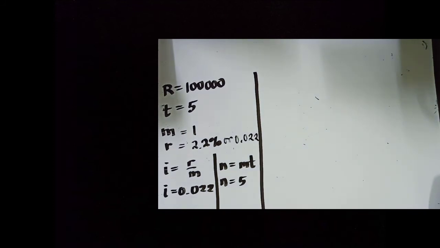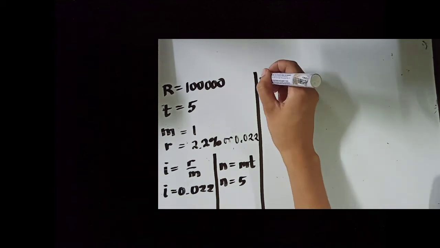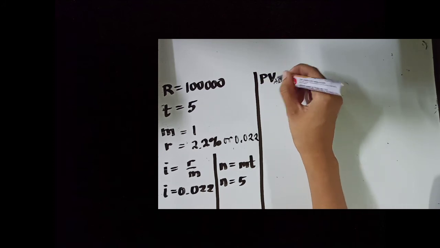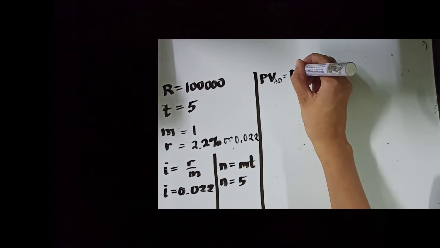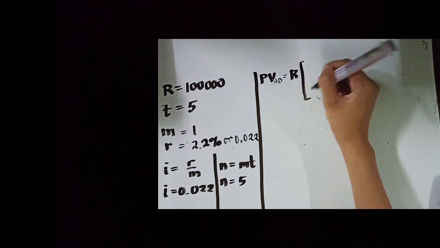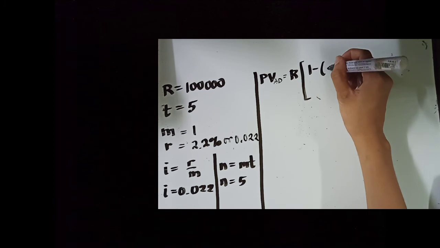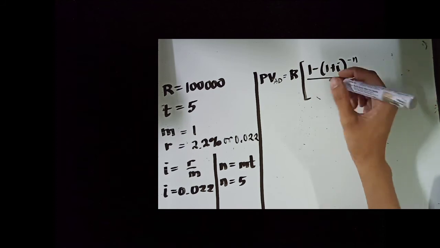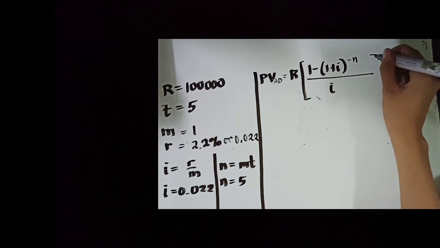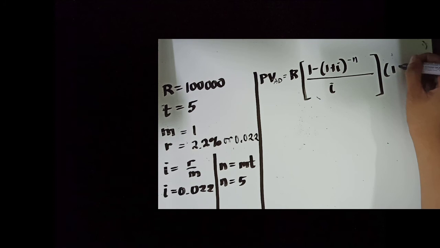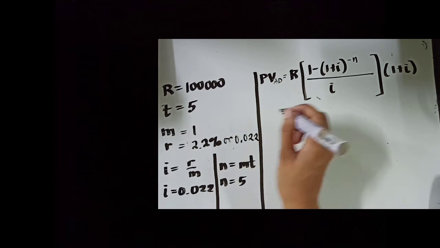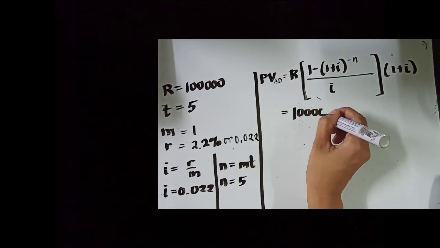So, ang formula natin to solve for the present value of an annuity due, PV sub AD is equal to R multiplied by 1 minus the quantity 1 plus I raised to negative N over I, multiply by the quantity 1 plus I. So, substitute lang natin. R natin is 100,000 pesos.